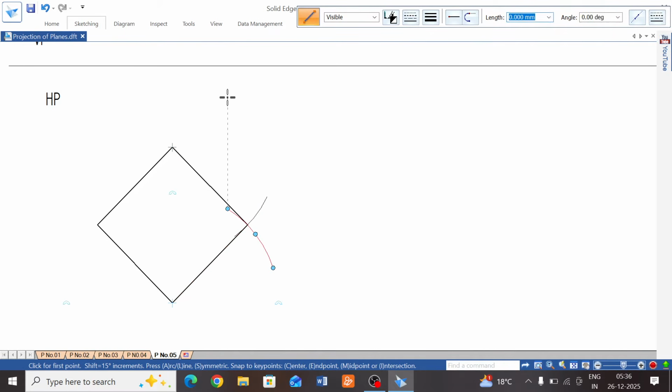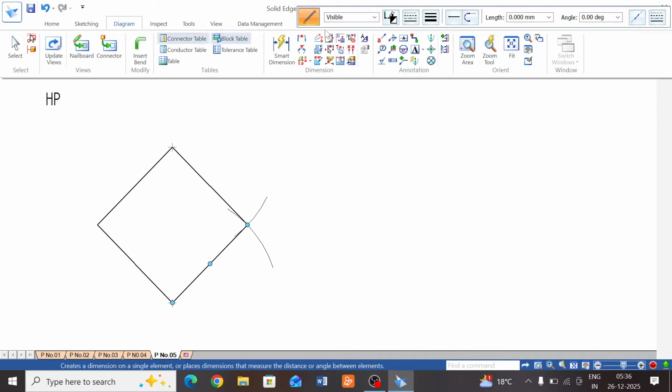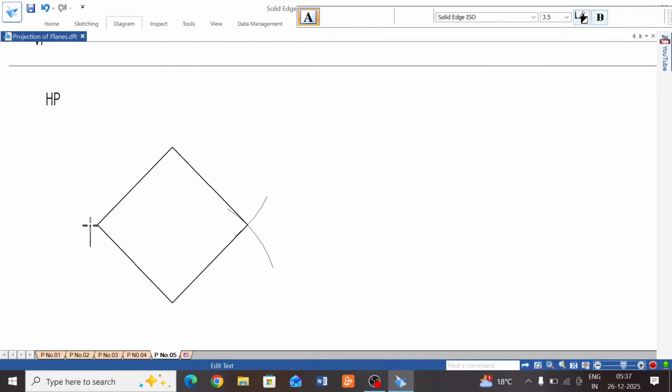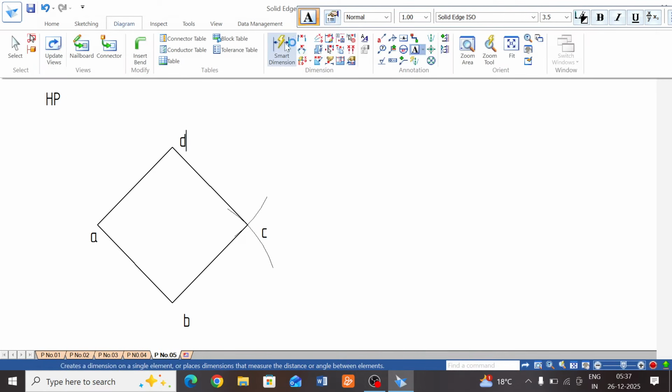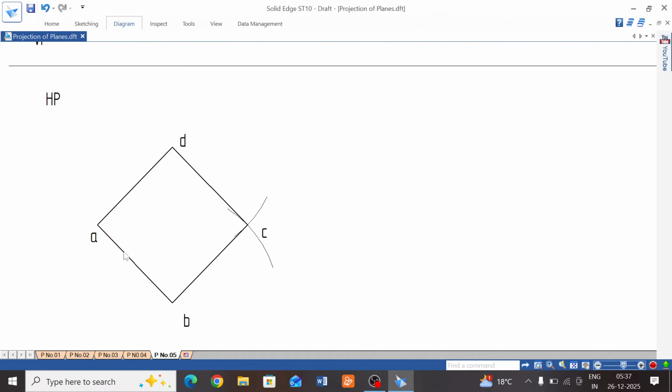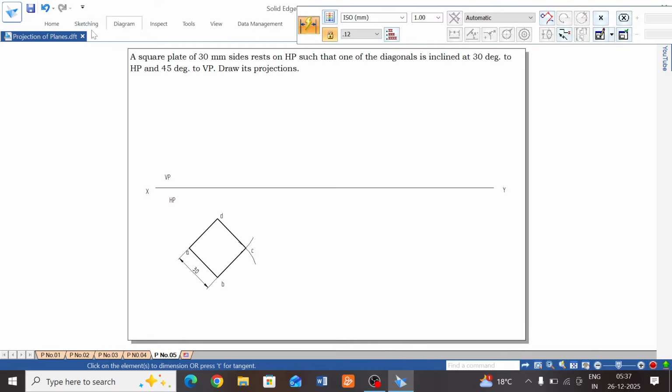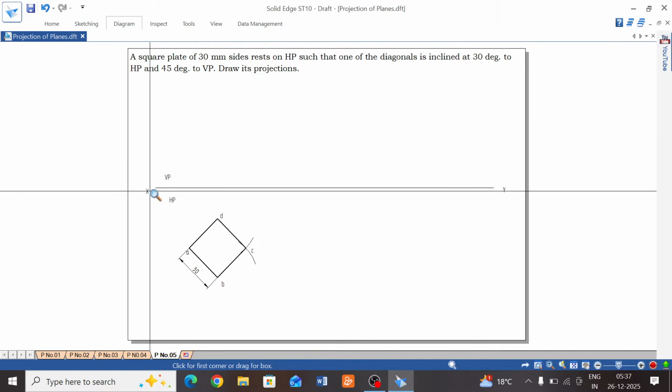And now name the points A, B, C and D of the square lamina, and show the dimension of one side, 30. Then project the front view.